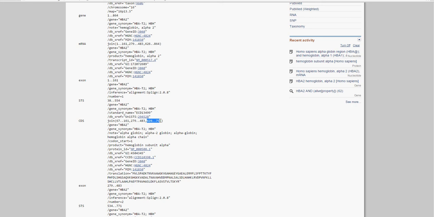Let's look at the third exon, 626 to 754. That means from 754 to the last base pair, 864, in this mRNA sequence, that's the untranslated region at the 3' end. So that's the 3' UTR.